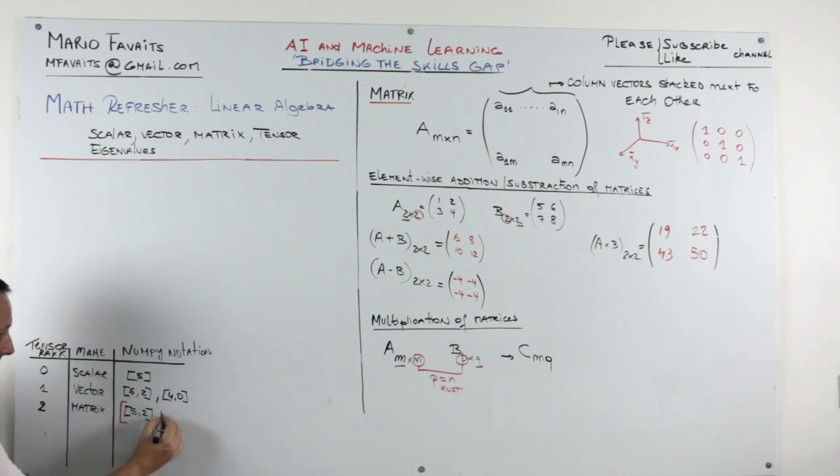We have another vector, 4, 0. Another vector, 2, 1. And then we close the bracket for the matrix. See? It's just a stack of vectors. This is how we note it in NumPy.